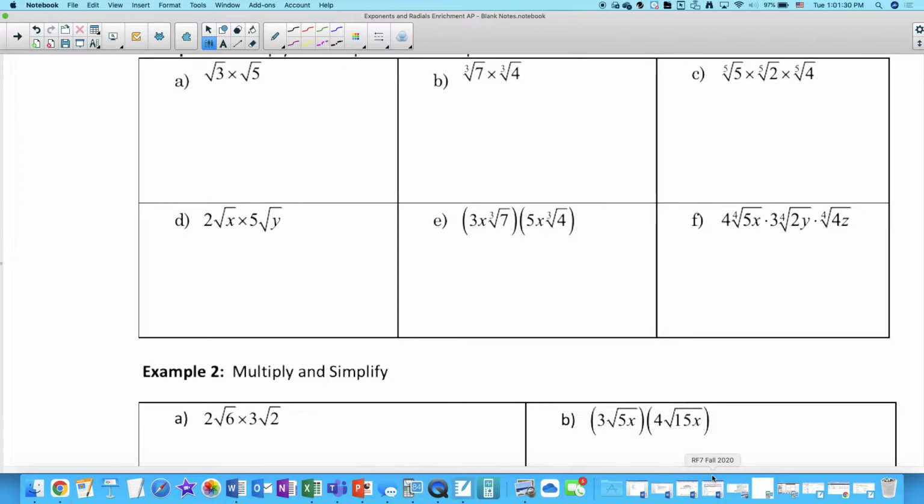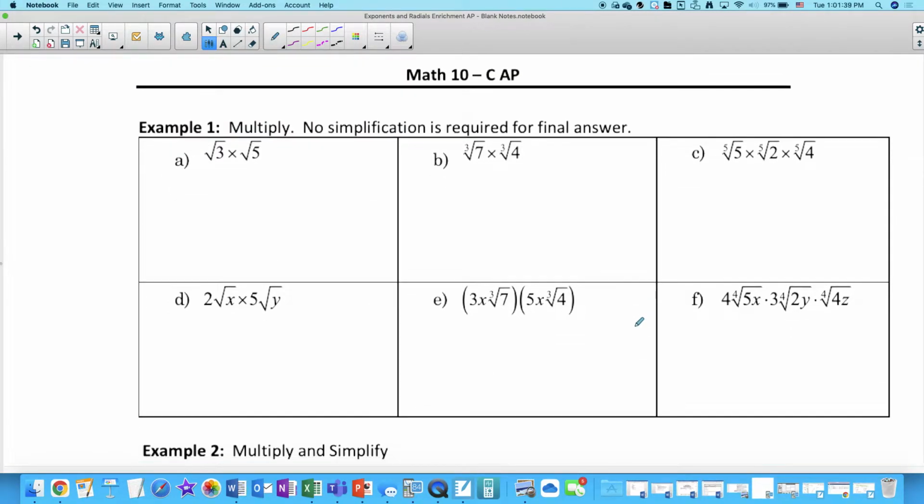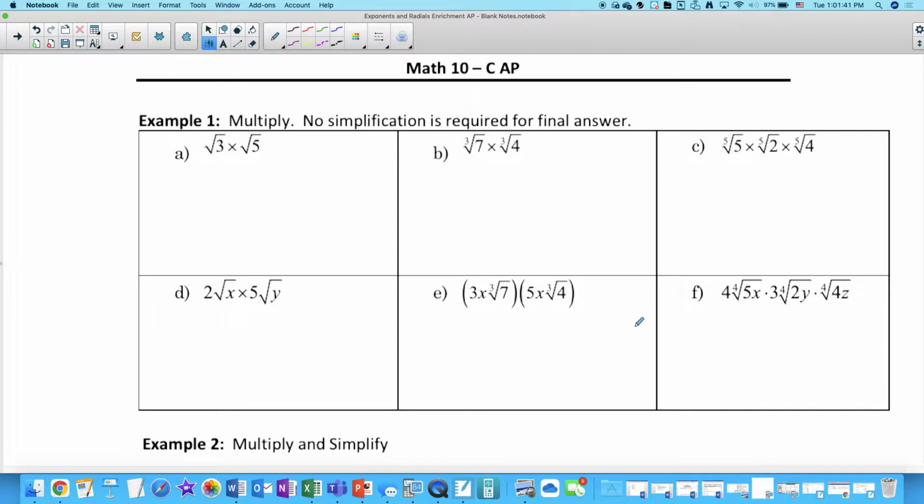Okay? Yes? Sorry, can you cover what we were supposed to do for roots that aren't 2? If you're taking a cube root, then you want 3 of the same factor. And for multiplying, as long as the index is the same, you can multiply the radicands.